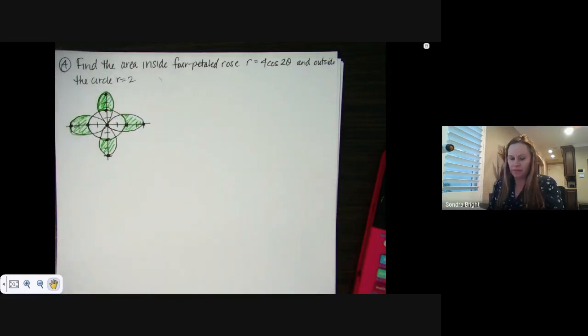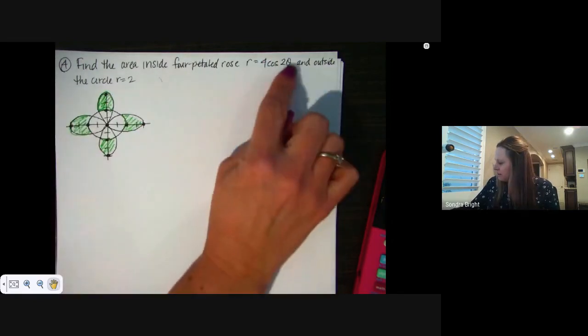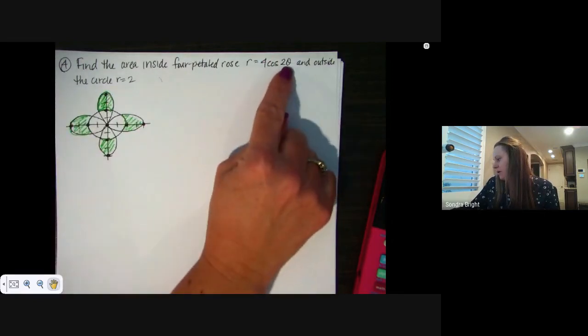All right. So let's see how this guy is generated. R equals 2 would just start here and go around to 2 pi. That's easy. The 4-petal rose does not. If you plug in a 0 here, you would have cosine of 2 times 0, so 4.